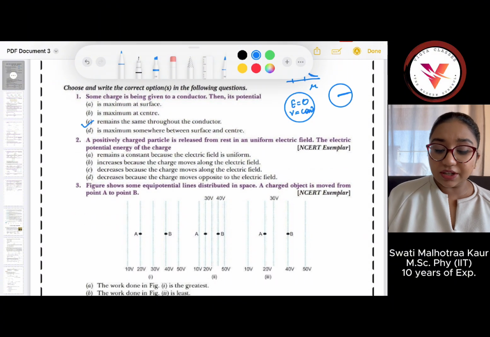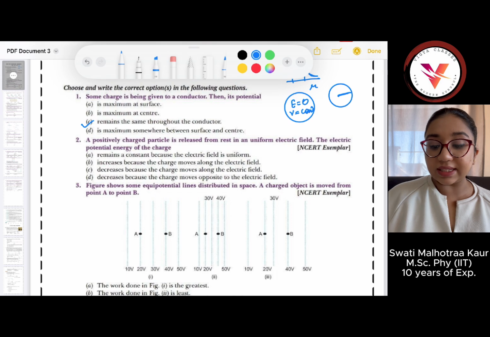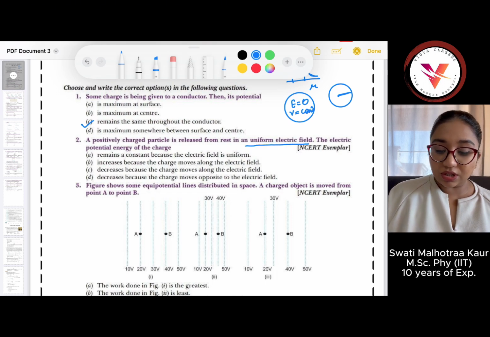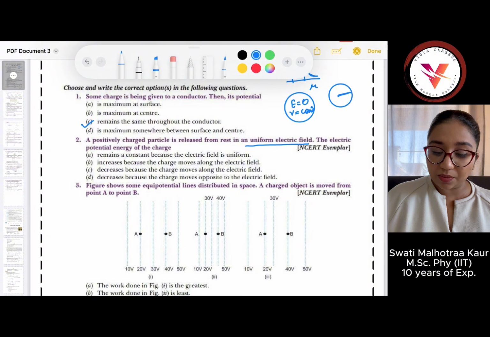Next, a positively charged particle is released from rest in a uniform electric field. The electric potential energy of the charge: remains constant because the electric field is uniform, increases because the charge moves along the electric field, decreases because the charge moves along the electric field, or decreases because the charge moves opposite to the electric field.